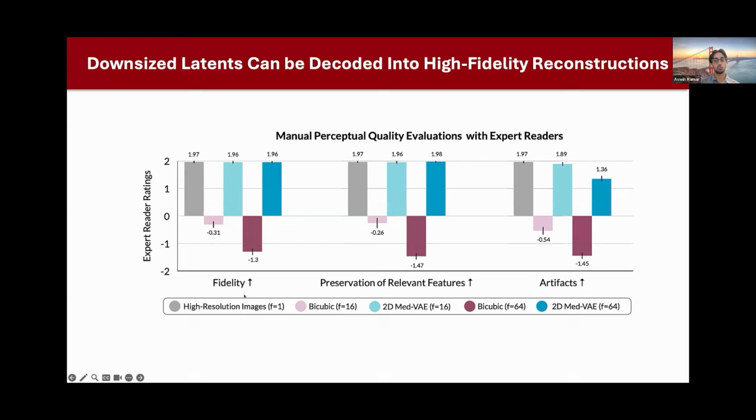And similarly for the three types of evaluation tasks, which consisted of fidelity, preservation of the relevant features, and artifacts, we see that 2D MedVAE better preserved the clinically relevant features and artifacts. And these interpolation methods really suffered from blurring artifacts with increasing downsizing factors. So in summary, our results suggest that the 2D MedVAE better preserves these diagnostic features than interpolation.